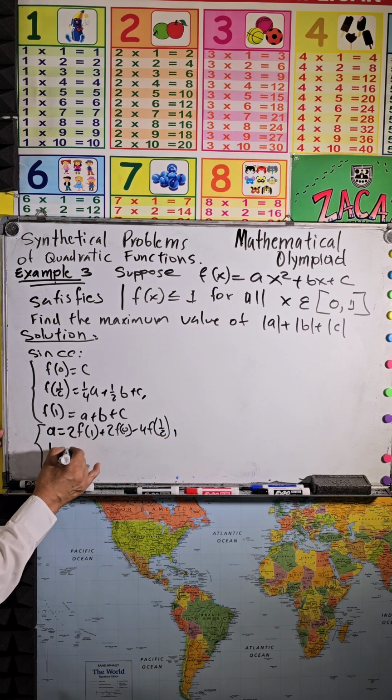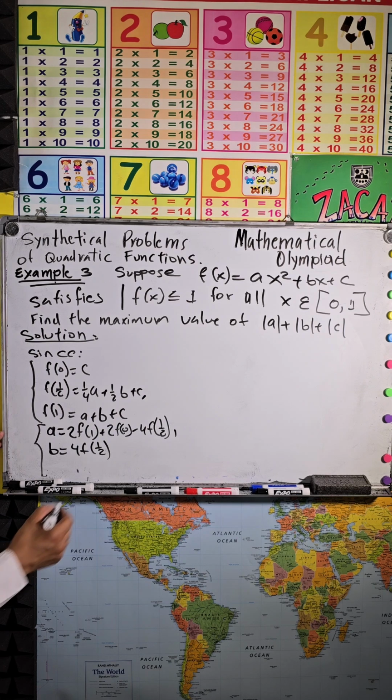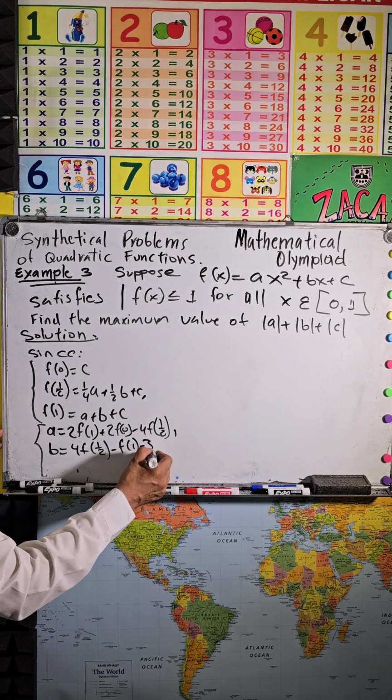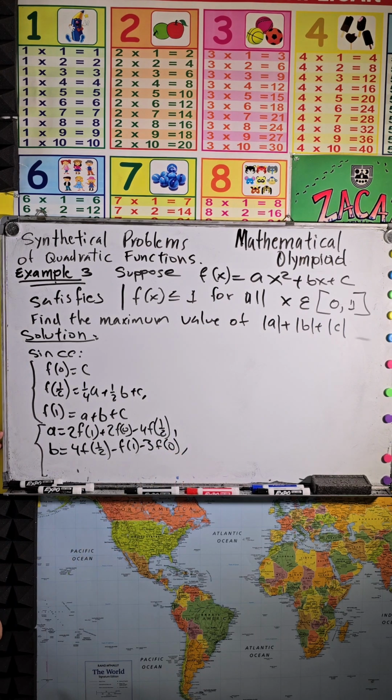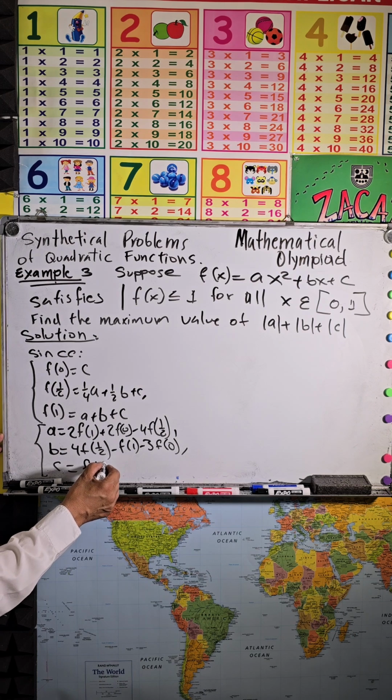So now b should be 4f of 1/2 minus f of 1 minus 3f of 0. That's b. And c is equal to f of 0.